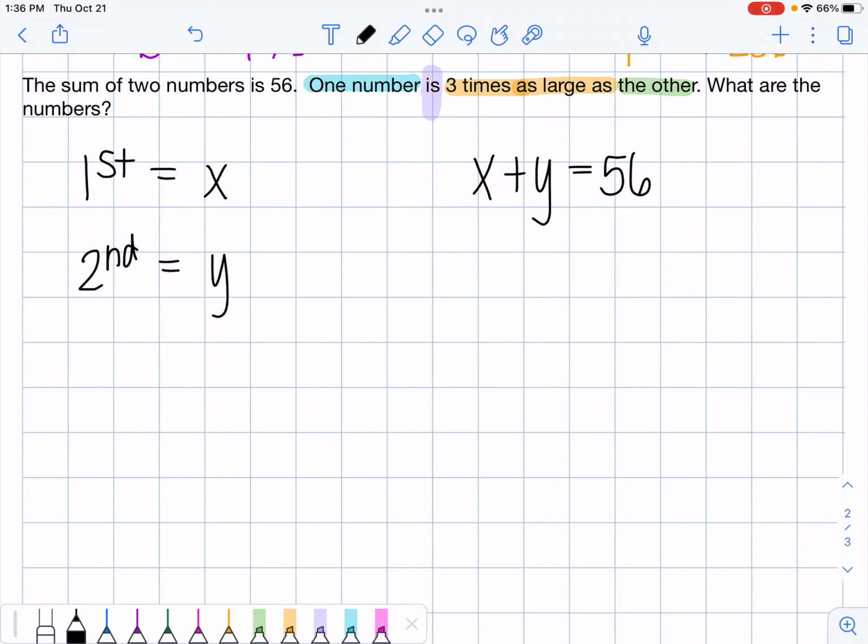So I'm going to say that my first number, x, is 3 times the other number, y. Just so you can see how I decoded it, this is what it equals. That's how I decoded the sentence up above.